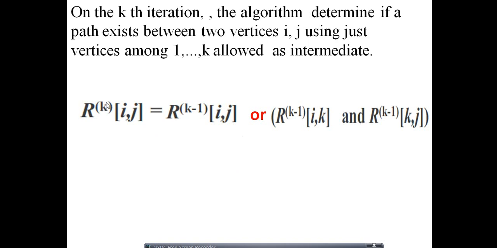Rk, k represents the distance matrix, the value is initially 0, and i represents the row, j represents the column. Here Rk minus 1 ij means the previous matrix has the value 1, or the row and column both are 1, so the value is 1. Otherwise, the previous value at the ith row and jth column is 1, so we can add it as it is. We'll see while solving a problem. Okay.